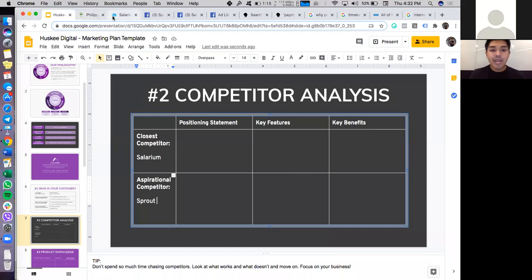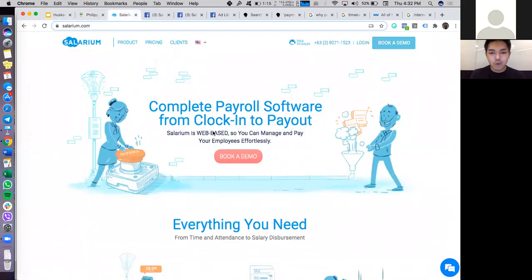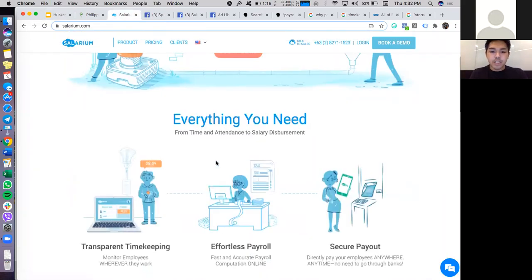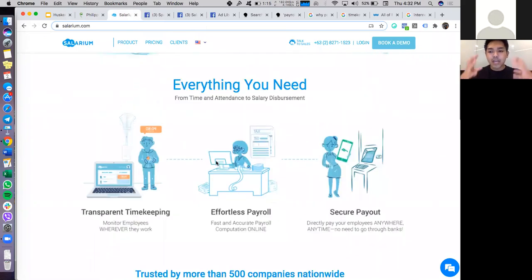And then what I like to do, very simply put, is go to their website, and their positioning statement should be front and center. So in this case, it's complete payroll software from clock in to pay out. So that's their positioning. I'm just going to copy paste it here. And then I look at their key features. Everything you need to know. Again, I'm not trying to lose sleep over here. I'm just trying to gauge my competitors.